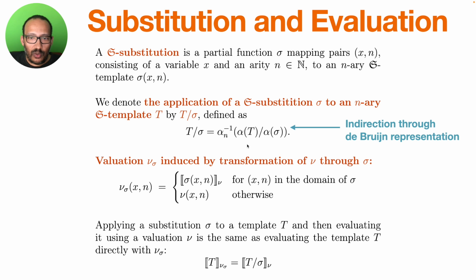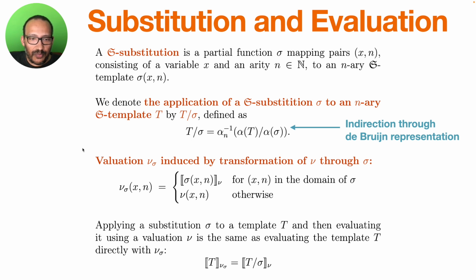And so we write like this, t, and we apply a substitution sigma to this template t. This can be defined for De Bruijn terms. And once we have that, we can play it back to what it means for normal templates. Yeah, so this is also not difficult.